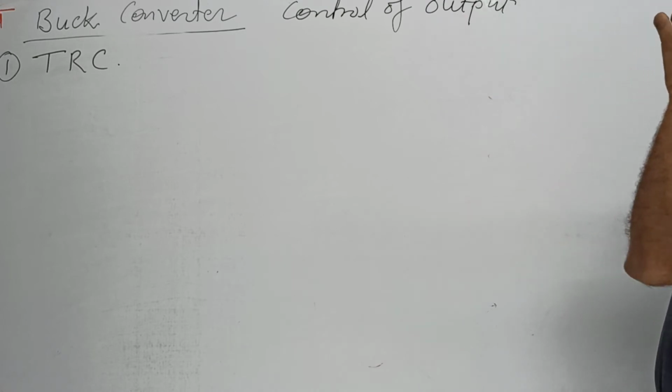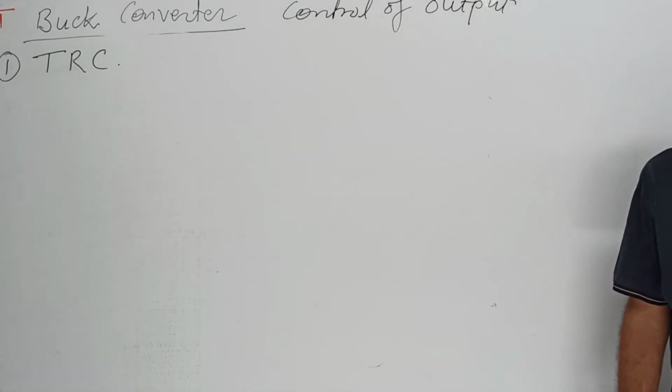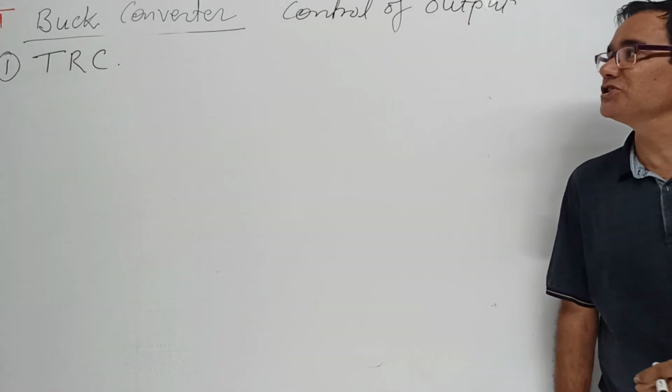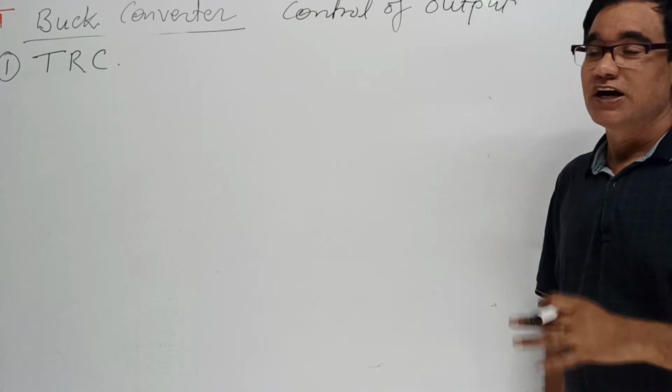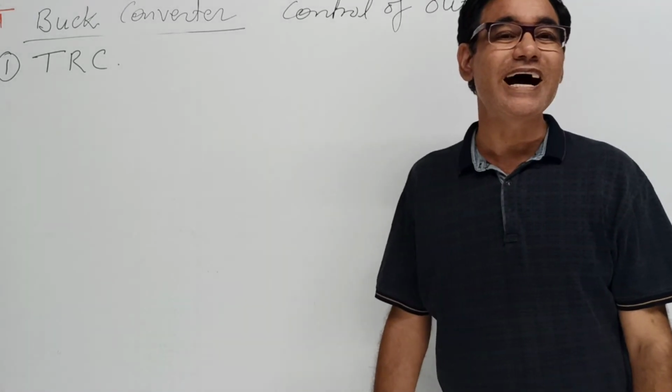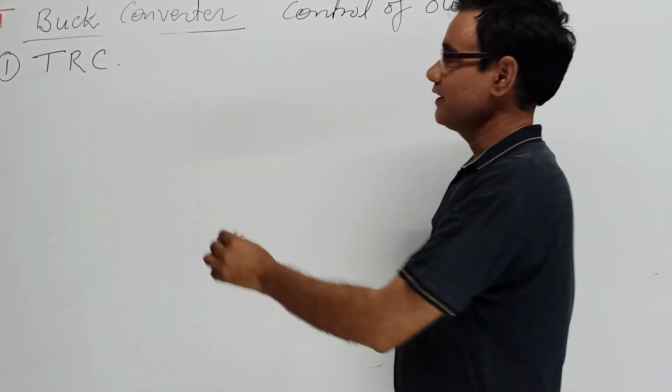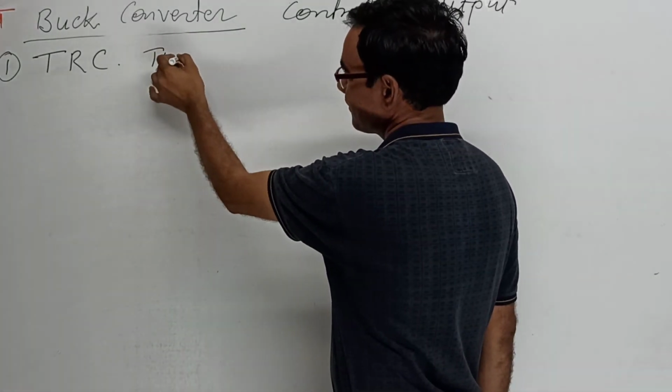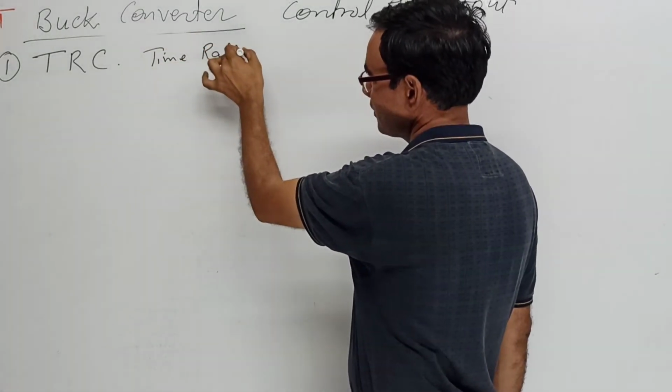Control of output of a step down chopper, meaning buck converter. How can you control it? One is time ratio control.